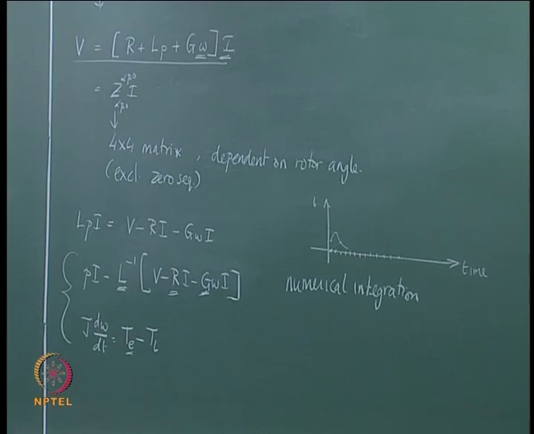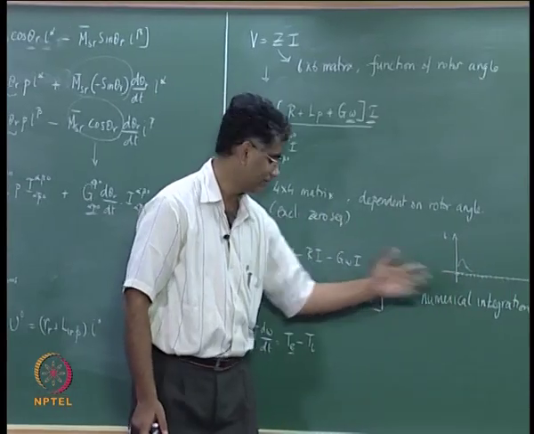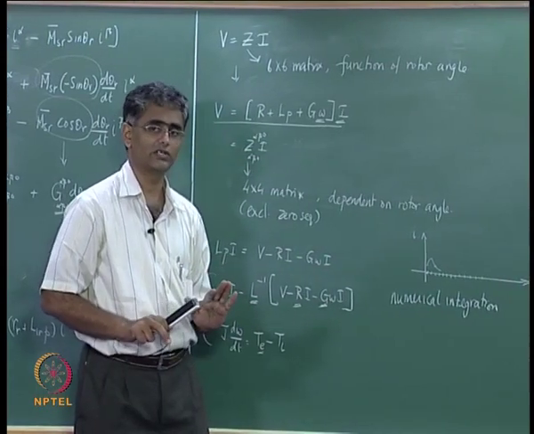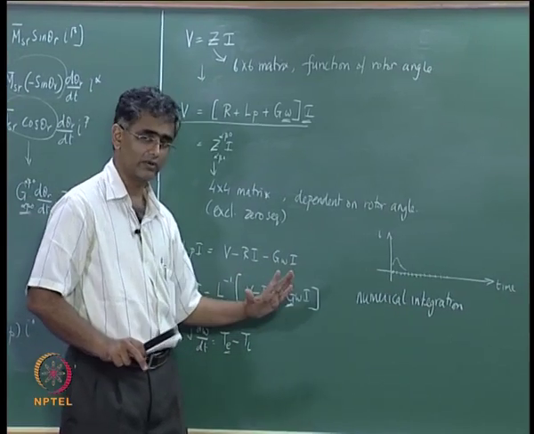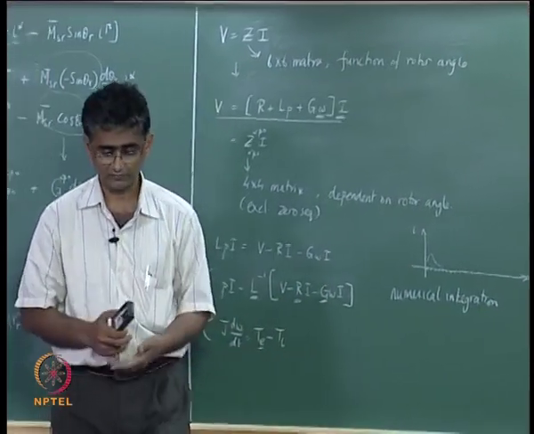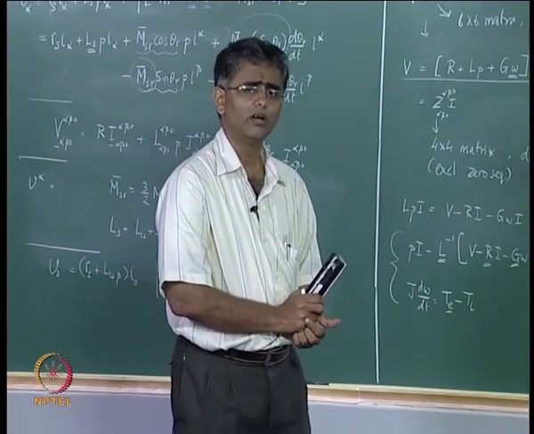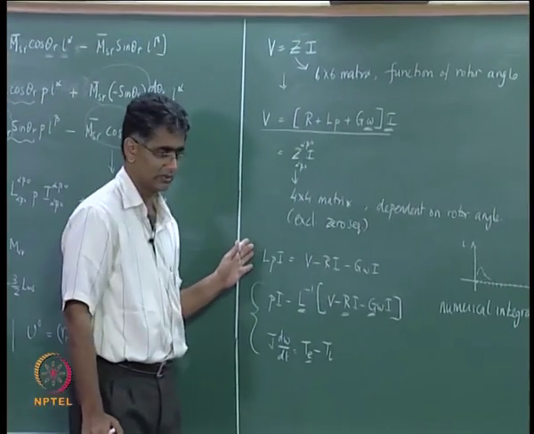This makes the solution a little more involved. It is not as easy as if G and L were not going to change with time. Had L been a fixed matrix, G another fixed matrix, the solution would have been easier to do. So, this is one difficulty with respect to solving these equations.